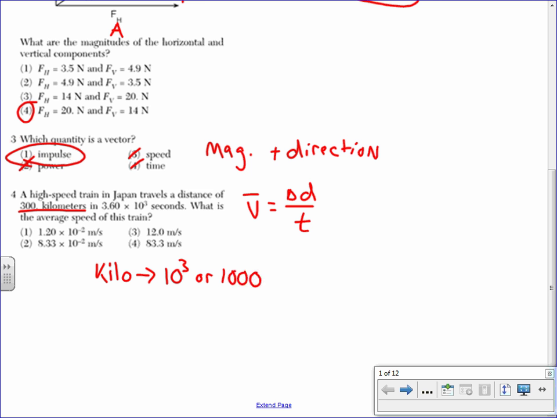So I'm not going to put in 300 kilometers. I'm actually going to put in 300,000 meters. And I'm going to divide that by the time of 3.6 times 10 to the third seconds. And if you plug that into your calculator, you get your 83.3 meters per second.